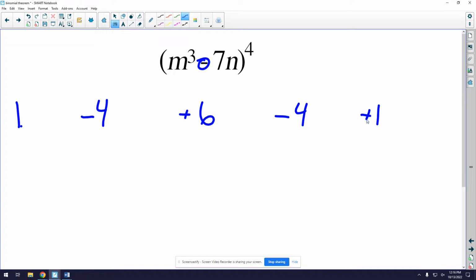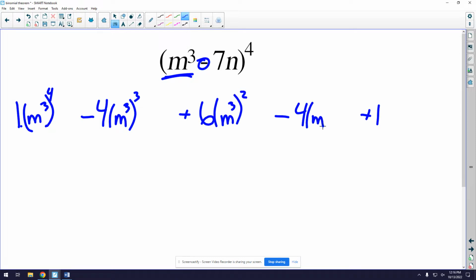Now I'm going to take my first term, which is m to the 3rd. That needs to go to the 4th. And then m to the 3rd to the 3rd. m to the 3rd squared, and m to the 3rd, and then nothing on the last one. Now I already dealt with my negative when I did one positive, one negative every other time.